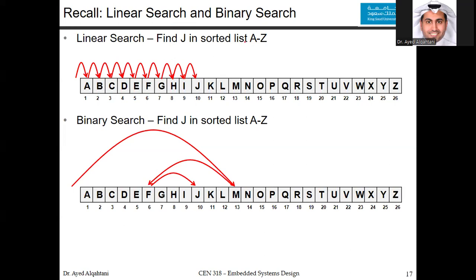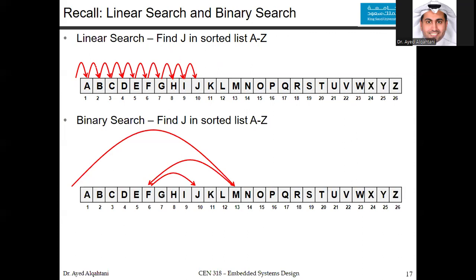remind you about the idea here, for the linear search, let's say you want to find the letter J in a sorted list, which is A, from A all the way to Z. Me and you, we are human beings, we have our brain, we can pinpoint the J right away. But for a computer to find it among a list, it starts looking at the beginning and then moves and checks, is J equal to A?